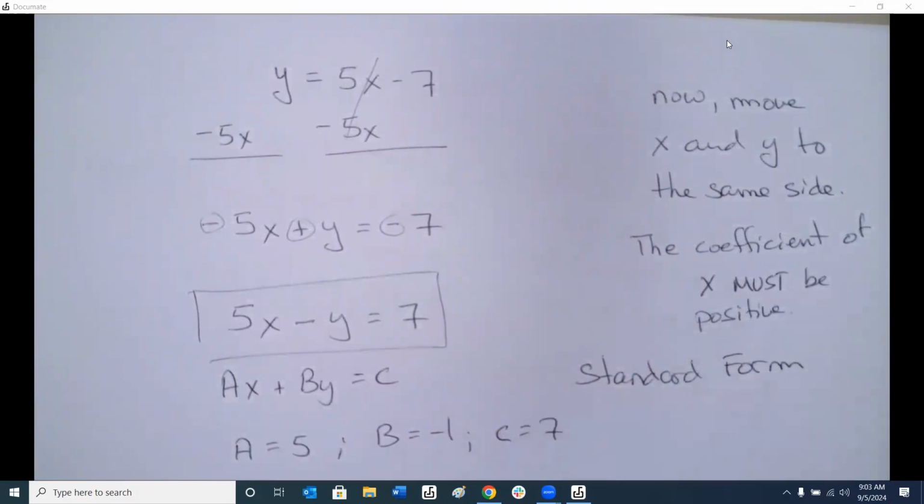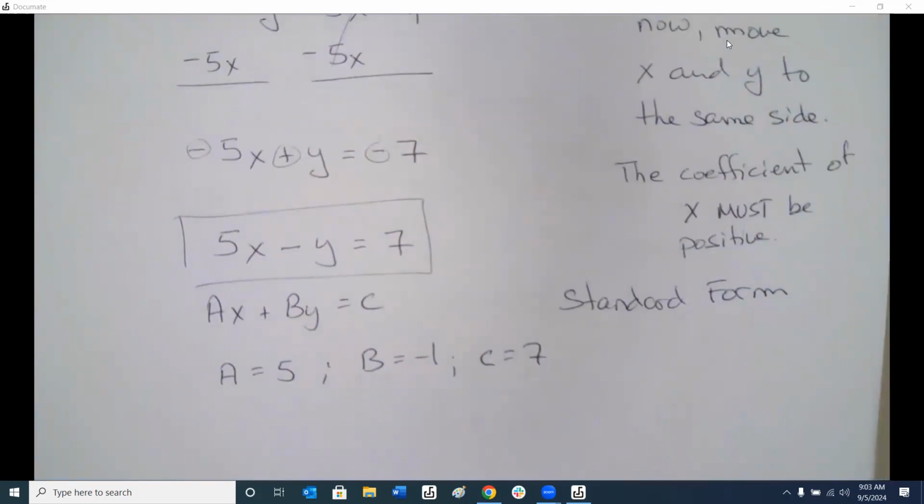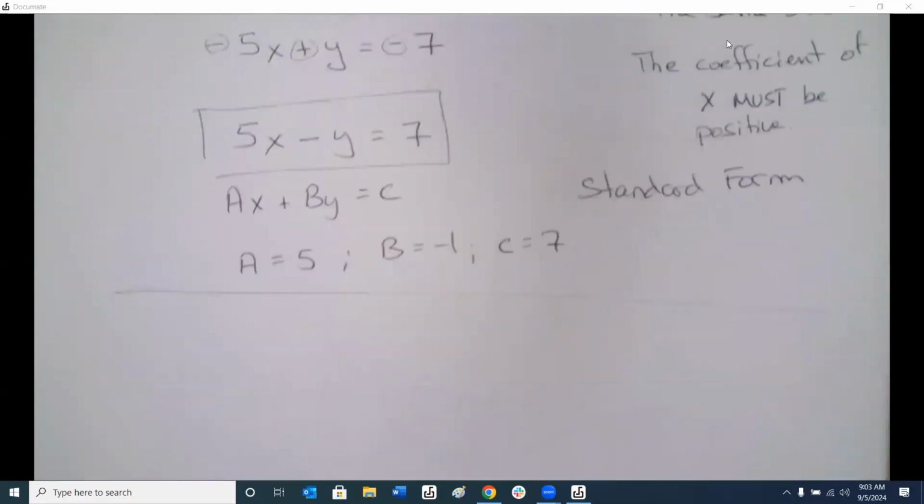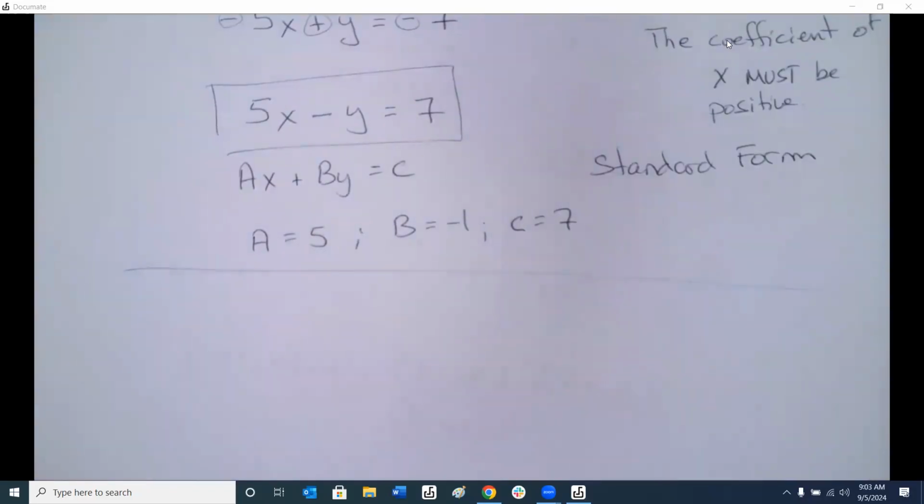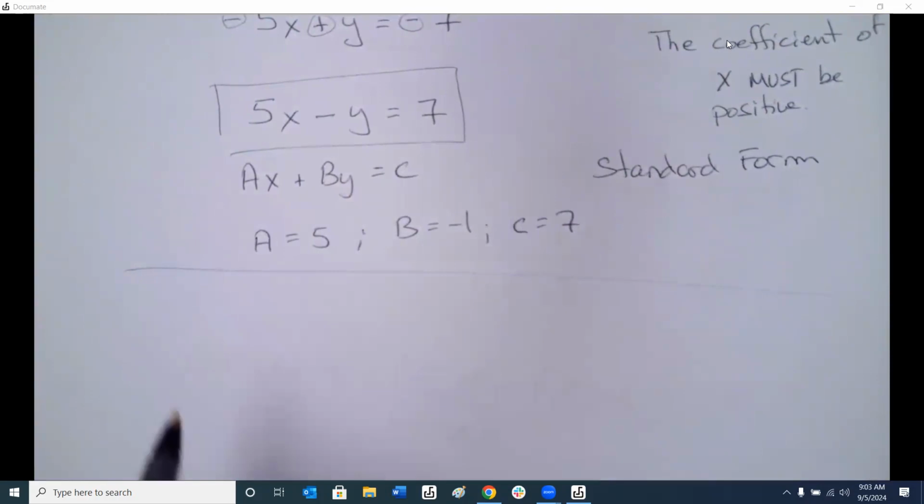And c is equal to 7. So that's how we find all 3 forms of equations. The hardest part is just memorizing the name with the formula.